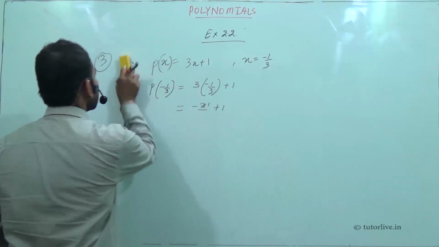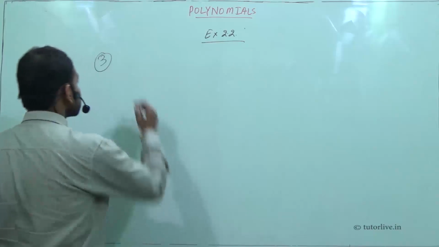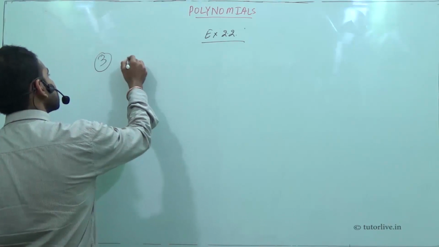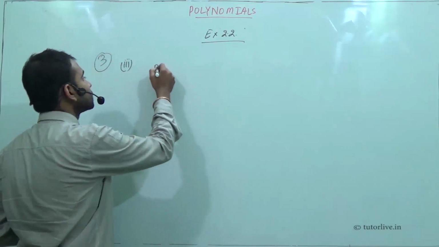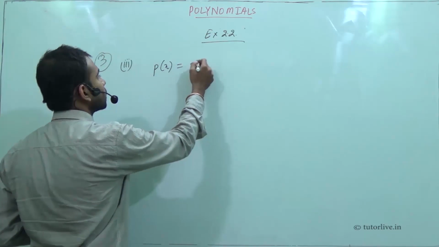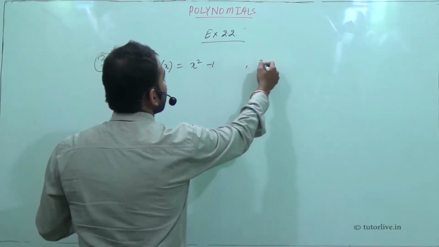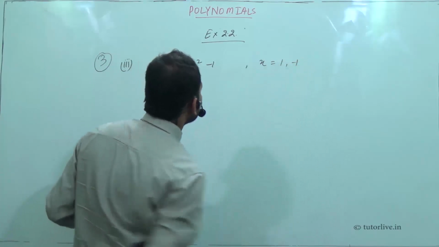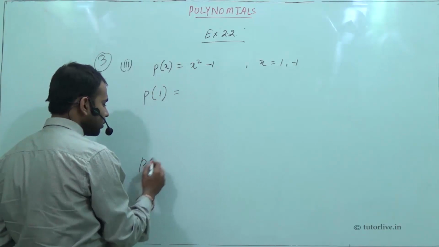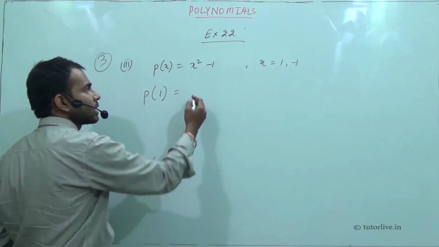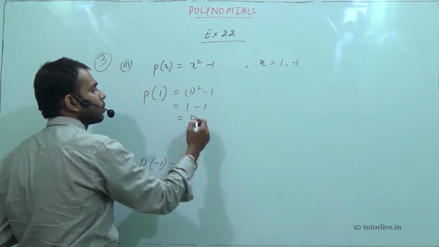Question number 3, third part. It is p(x) equals x square minus 1, where the x given is 1 and minus 1. First we will take the value p(1), and second time we will take the value of p(minus 1), whichever satisfies. 1 square minus 1: 1 square is 1, minus 1, that value is 0.